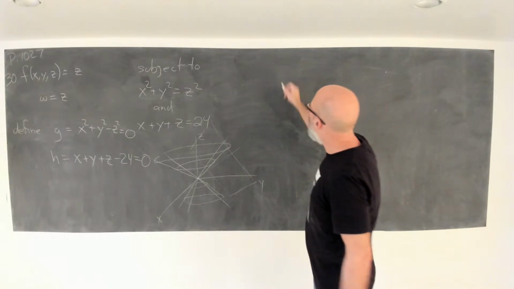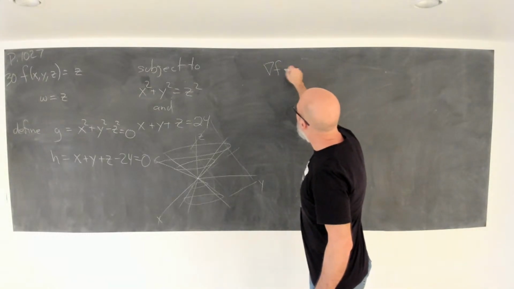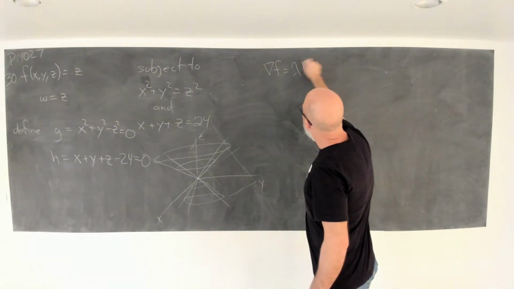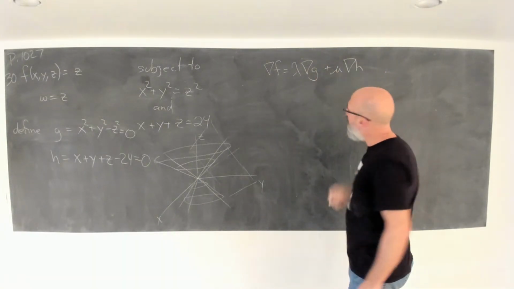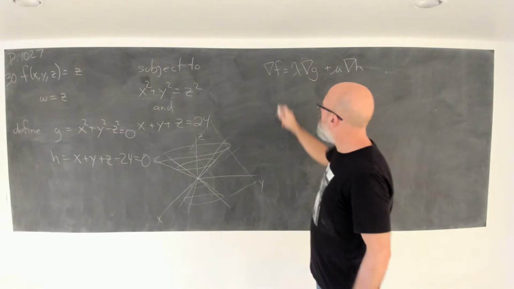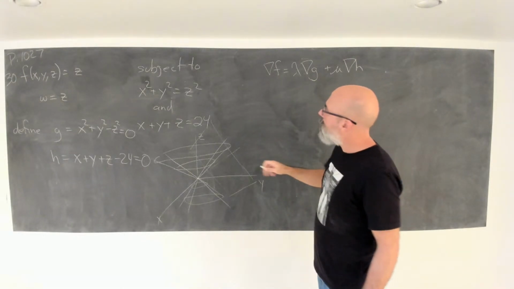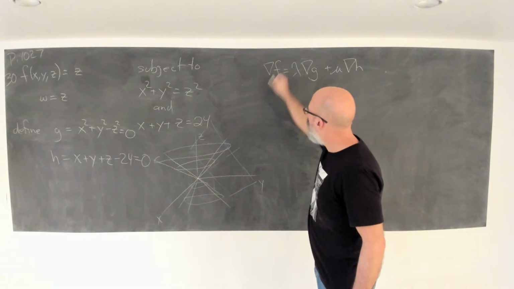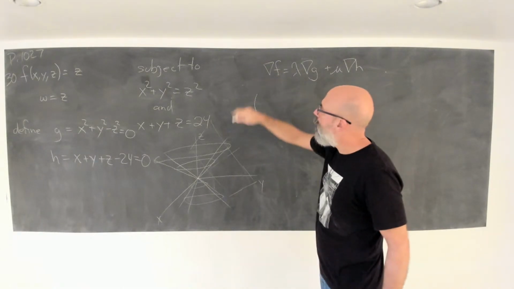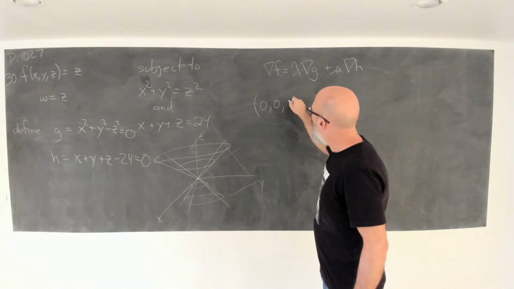So what do we want? We want the gradient of f to be lambda gradient of g plus mu gradient of h. In other words, df dx. Well, what is the gradient? Let's work out the gradient. 0, 0, 1.